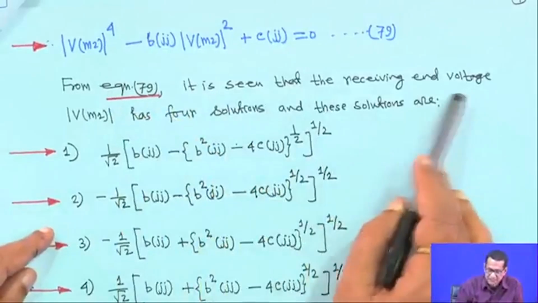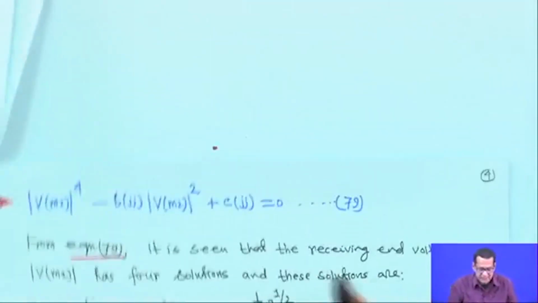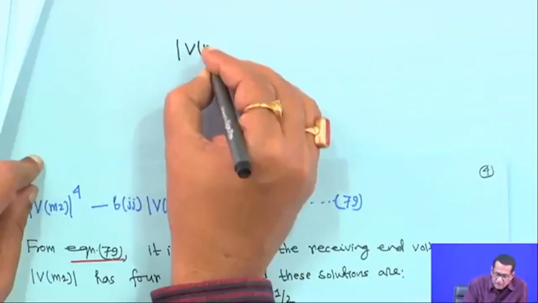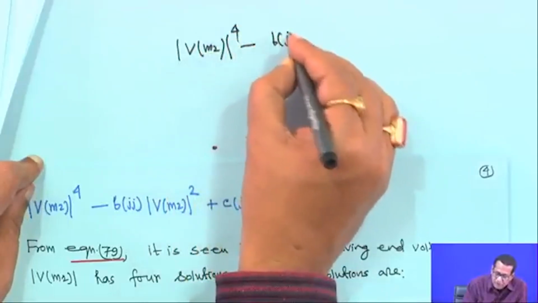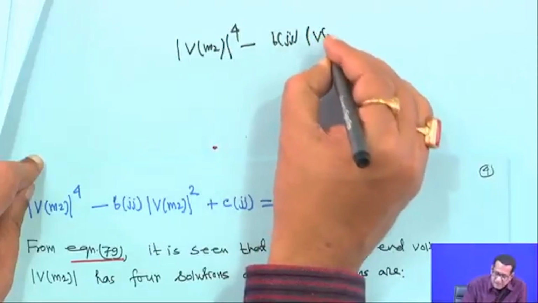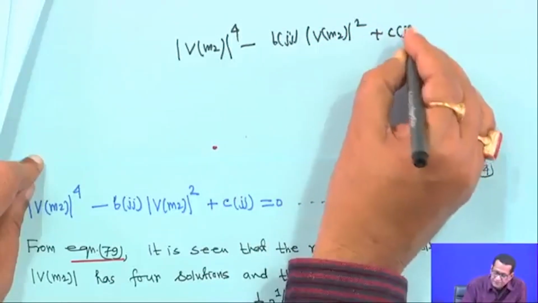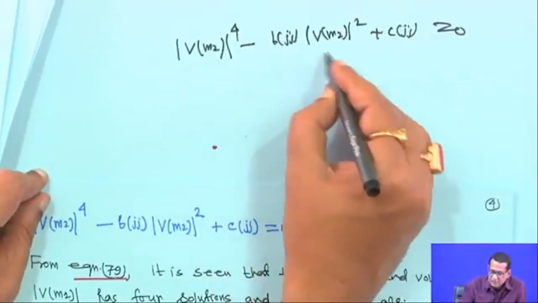It is seen that for the receiving end voltage we have 4 solutions. Suppose Vm2 to the power 4 minus Bjj Vm2 square plus Cjj is equal to 0. This is actually a quadratic equation of Vm2 square.